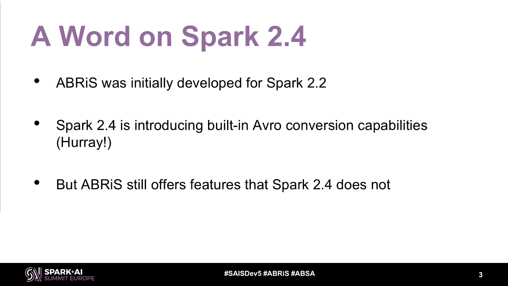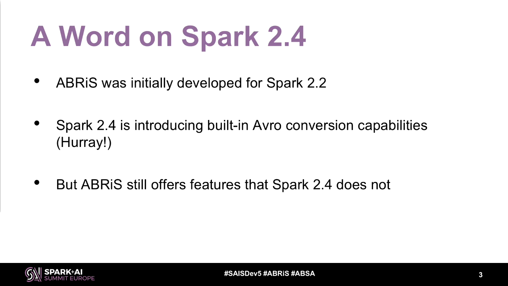We should also mention that ABRIS was initially developed for Spark, not for Spark 2.2, but when Spark 2.2 was around. And specifically, we were working on creating this bridge for reading Kafka data in Avro format. Now we know that in Spark 2.4, there will be built-in capabilities to support Avro data. So that's pretty good.